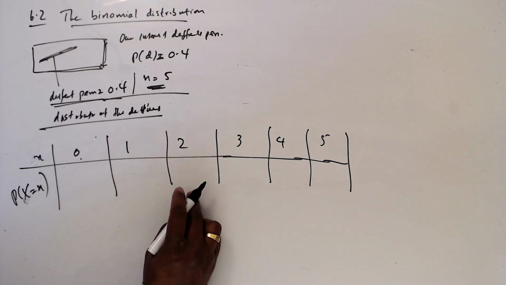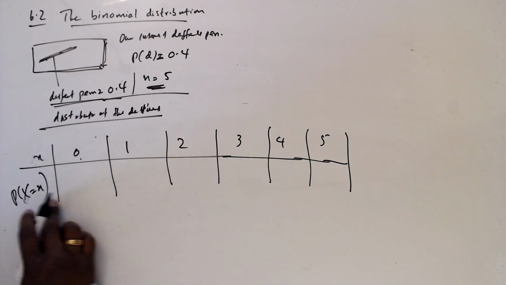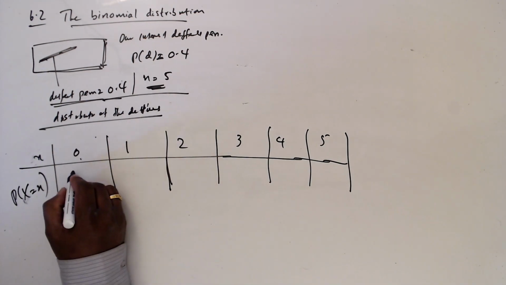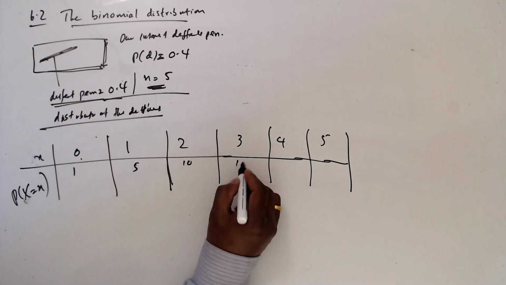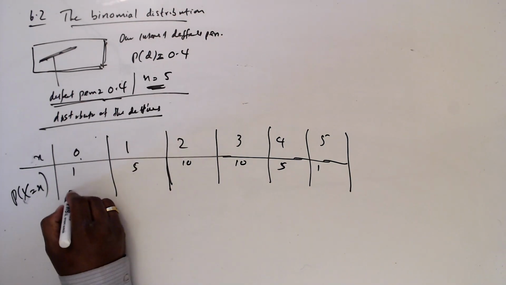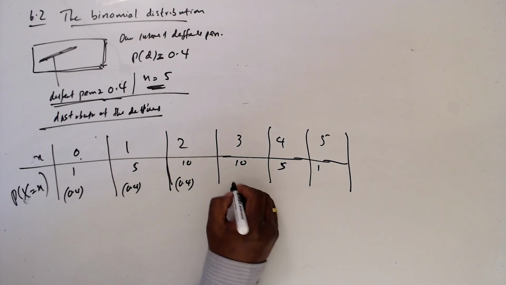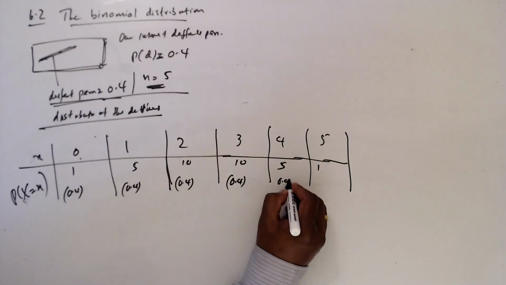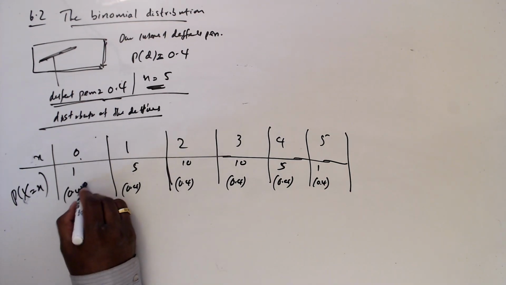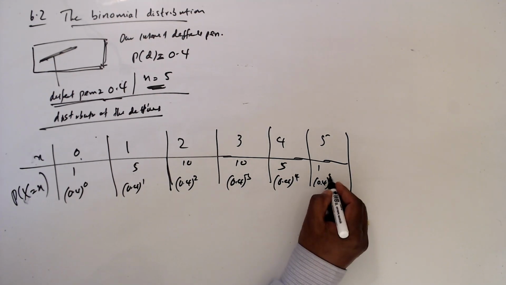Now you know how to write the probability. 1, 5, 10, 10, 5, 1. You already know that, but I want to show how to do it from the calculator. 1, 5, 10, 10, 5, 1, and defective 0.4, 0.4, 0.4, 0.4, 0.4, 0.4. The powers are 0, 1, 2, 3, 4, 5.